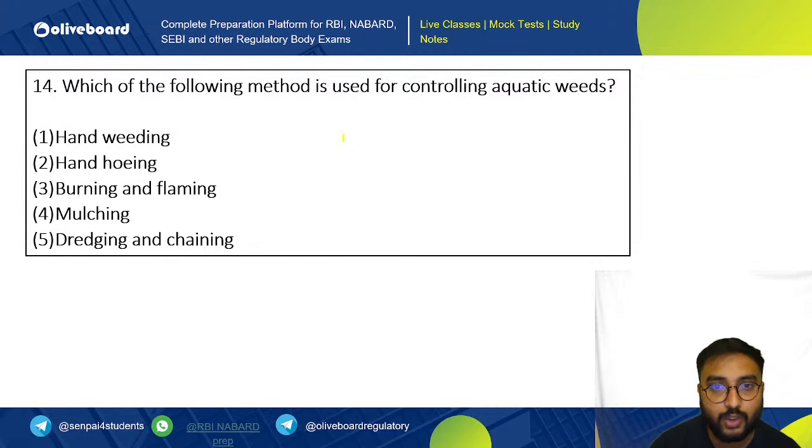Which of the following method is used for controlling aquatic weeds? Hand weeding, hand hoeing, burning and flaming, mulching, dredging, and chaining.